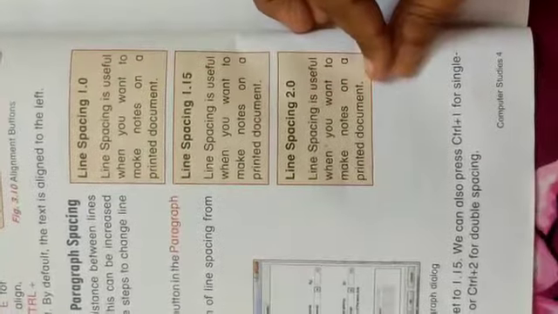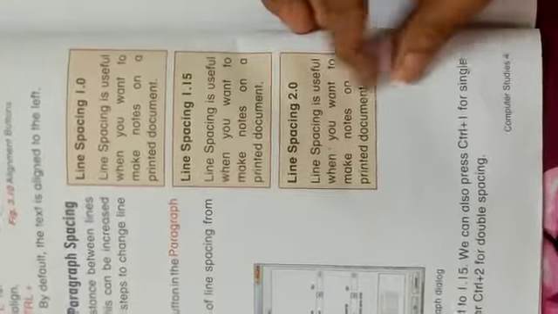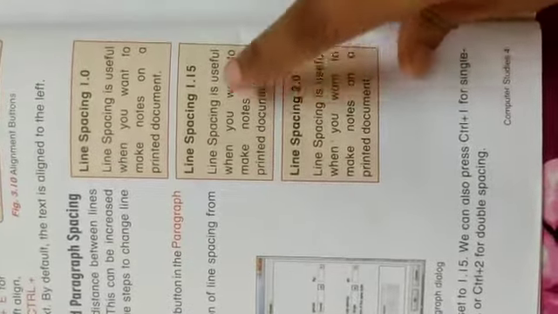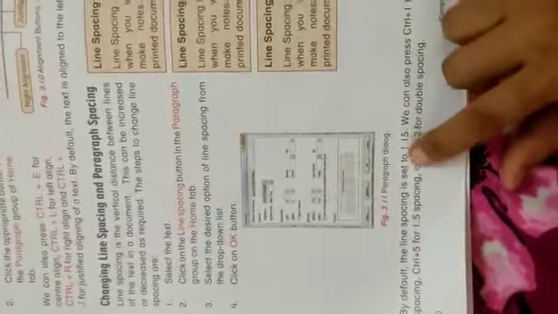Because we want to make some notes on the printed document. By default, the line spacing is set as 1.15.